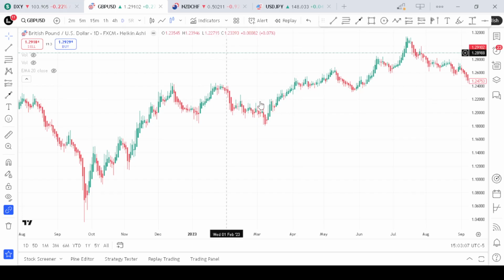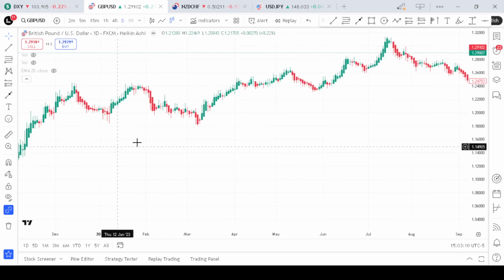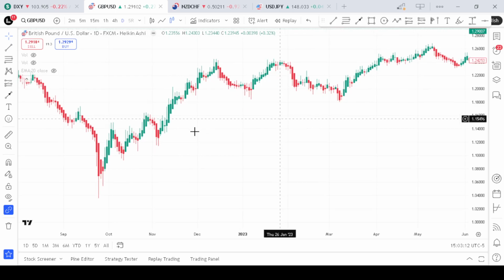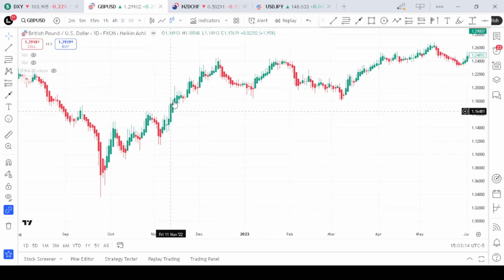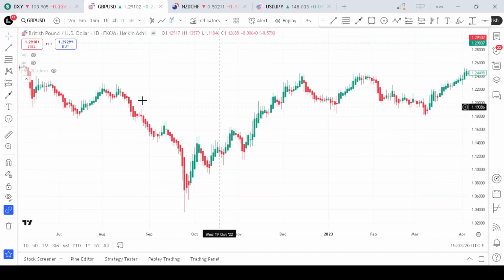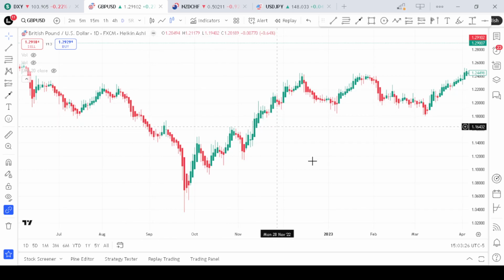As you can see from the chart, this is a bullish candle showing a bullish trend, while this is a bearish candle showing a strong bearish trend in the market.